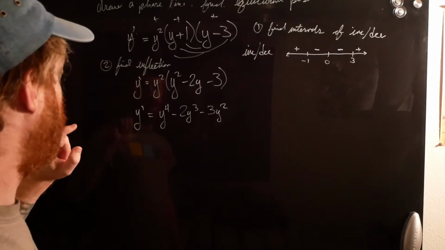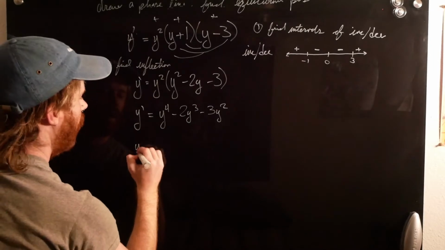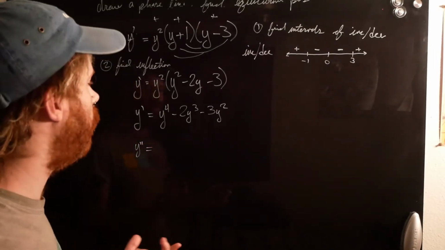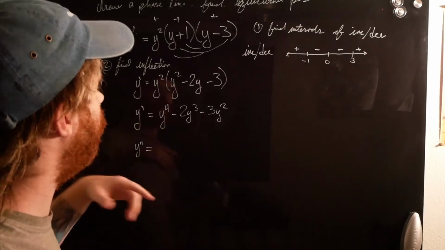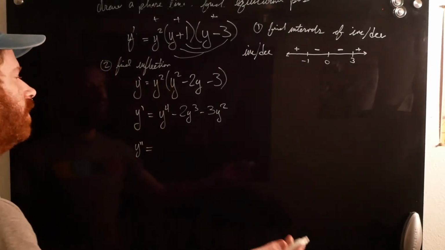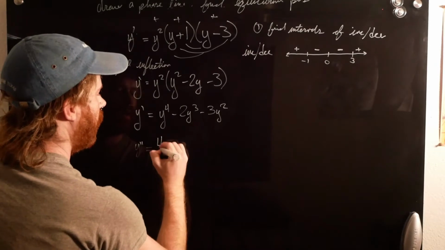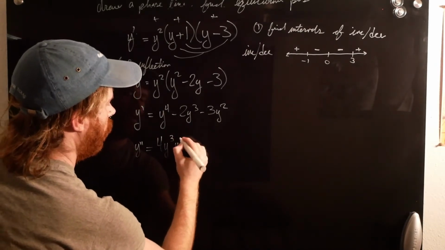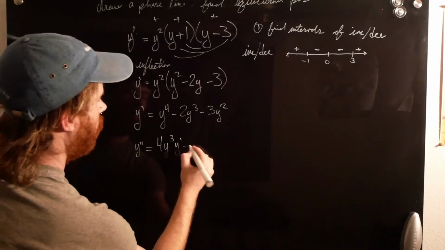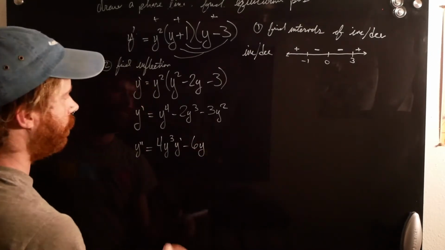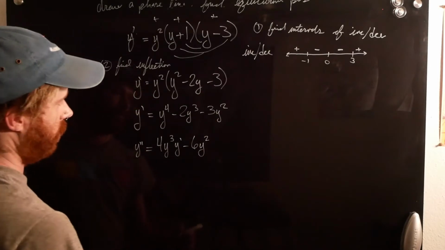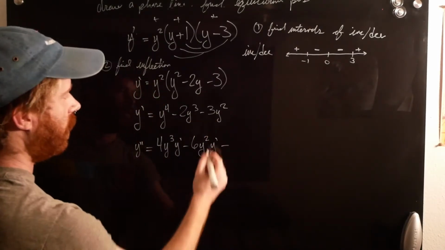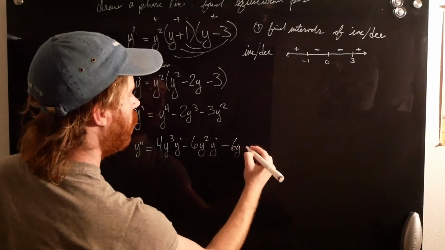So y double prime is equal to, and if you remember implicit differentiation, whenever you have a term of y, you have to use the chain rule, so you tag on another y prime, right? So we take the derivative of this: 4y cubed y prime, minus 6y squared y prime, and then minus 6y y prime.